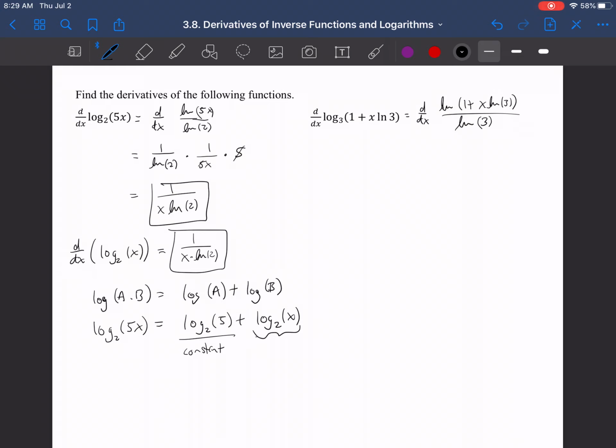We can leave the 1 over ln of 3 alone; it can come outside the derivative, times the derivative of just this numerator part. The derivative of natural log is 1 over what's inside there, 1 plus x ln of 3, and then we have to do times the derivative of what's on the inside.